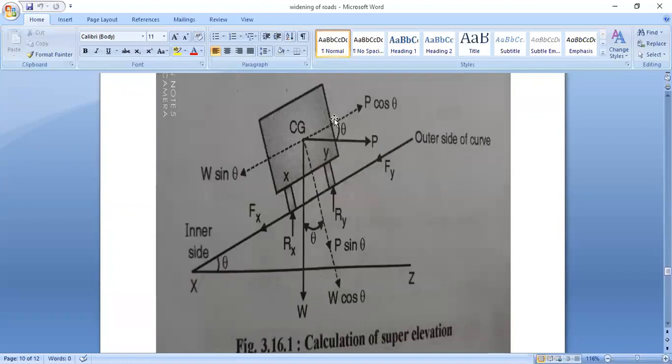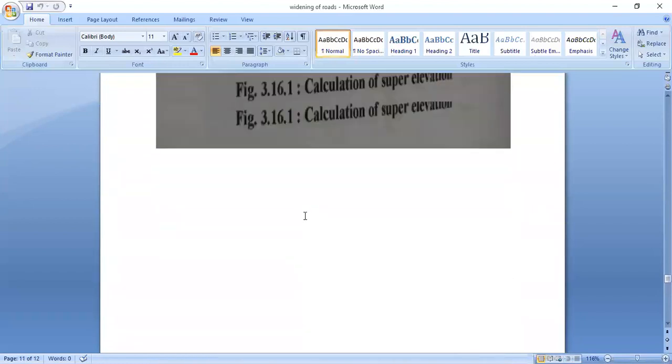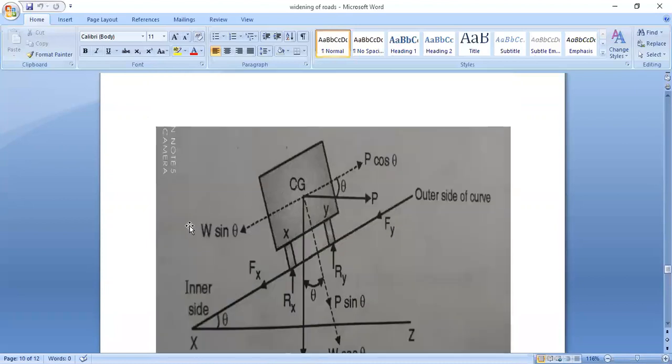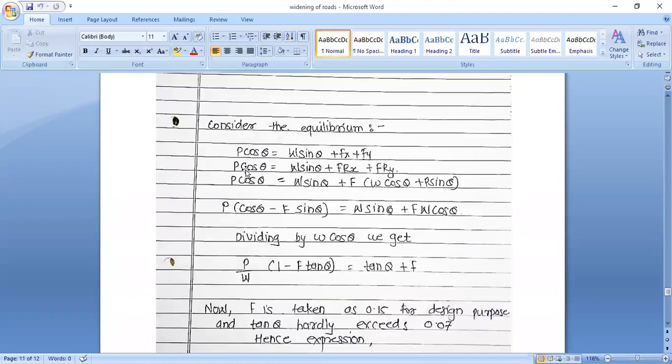This is the equilibrium condition, that is, P cos theta is equal to W sin theta plus Fx plus Fy. Hope you all get this equilibrium condition.